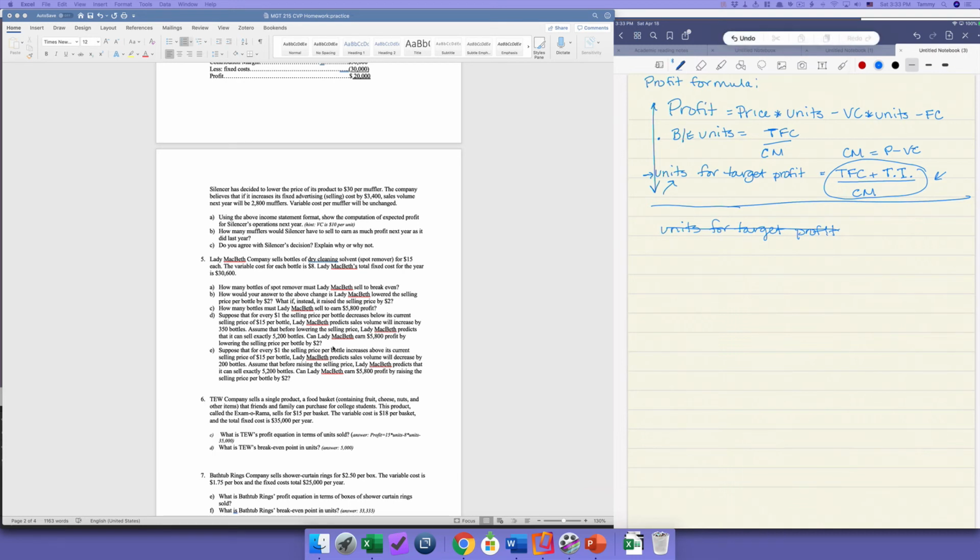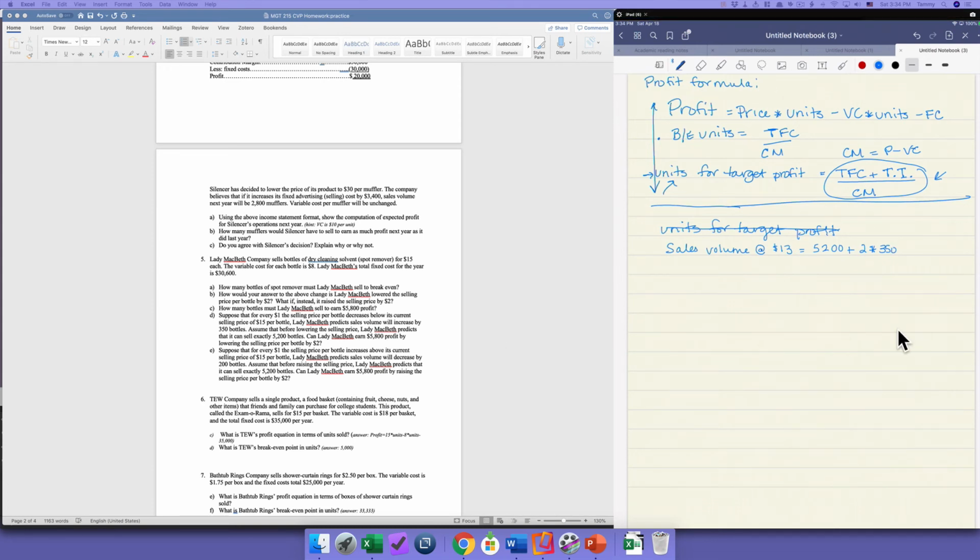So our sales volume at $13 per bottle is going to be 5,200, which is what we were selling at $15 a bottle, plus 2 times 350. 2 times 350 is 700.